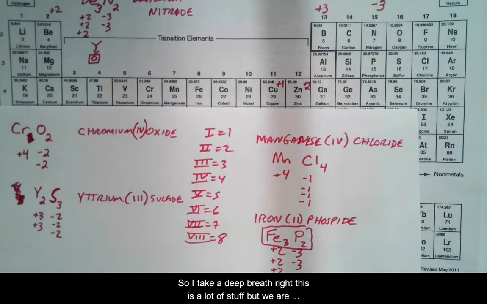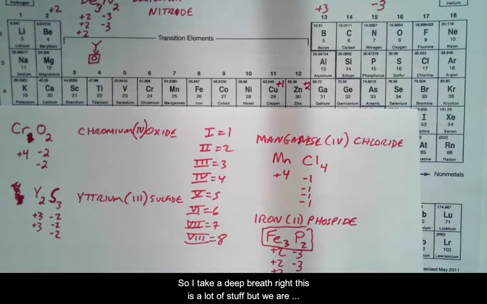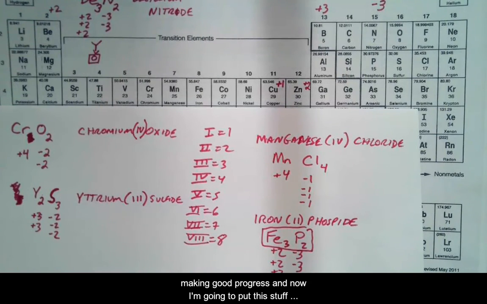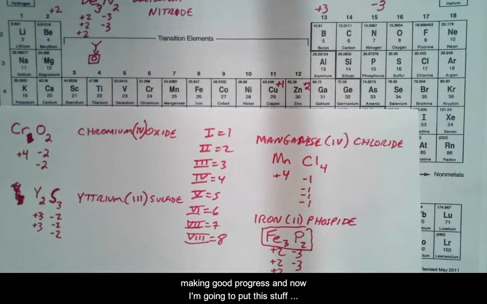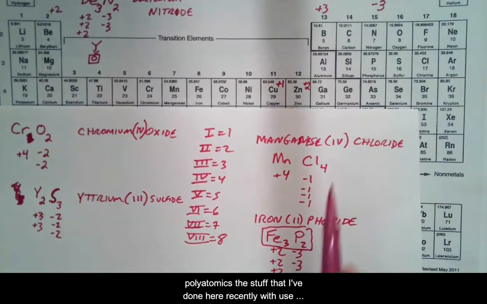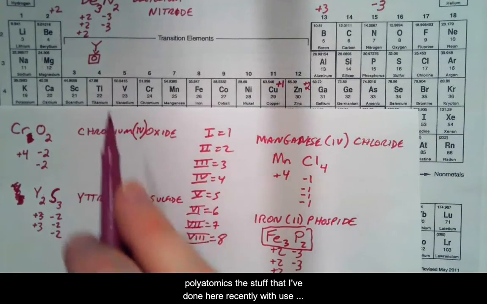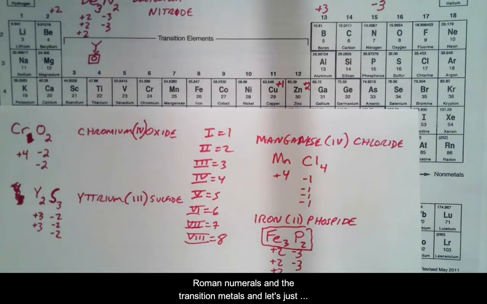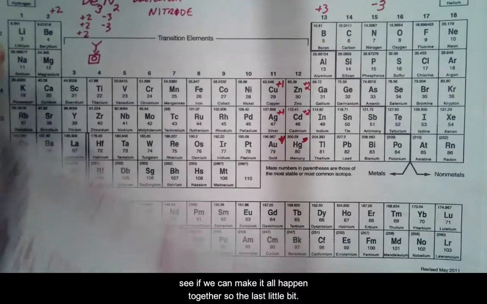So take a deep breath. All right. This is a lot of stuff, but we are making good progress. And now I'm going to put this stuff together, the stuff that I did at the beginning with the polyatomics, the stuff that I've done here recently with these Roman numerals and the transition metals, and let's just see if we can make it all happen together.